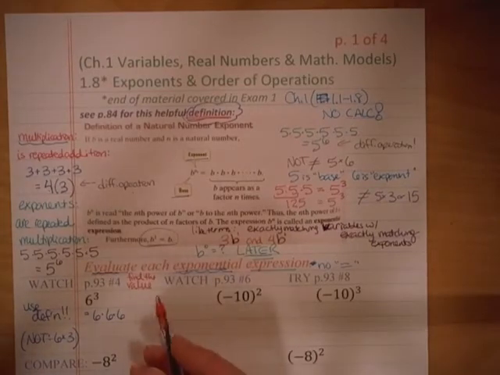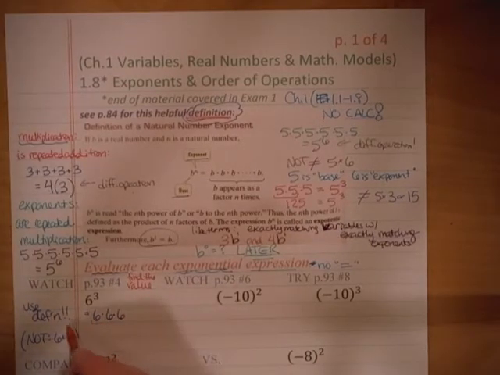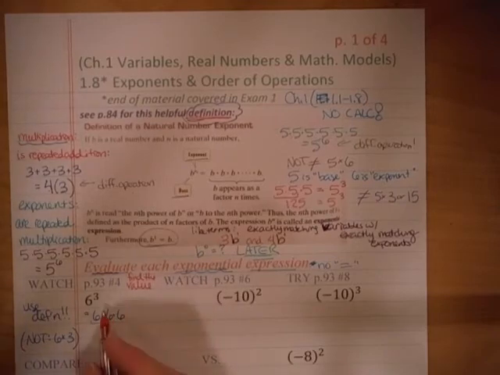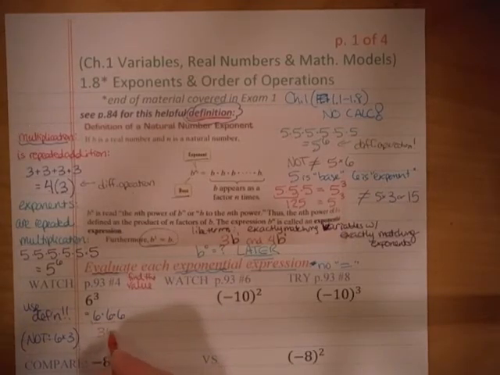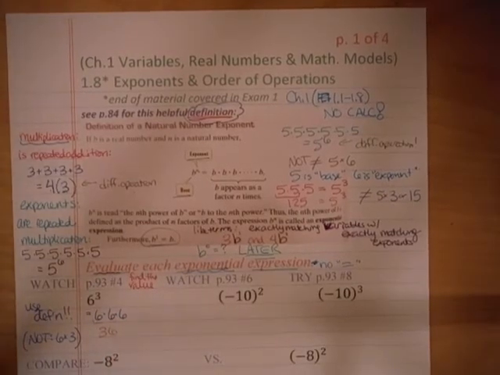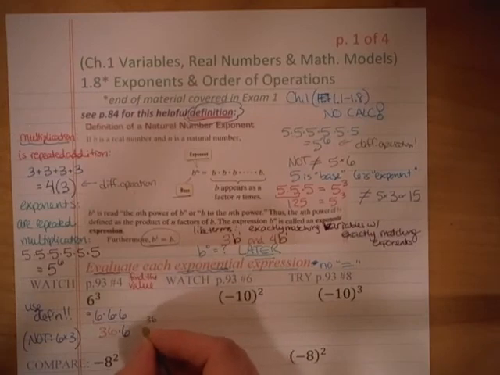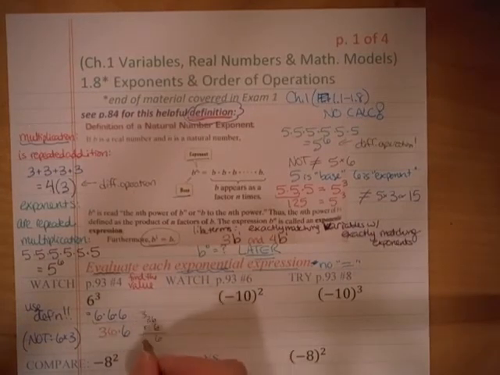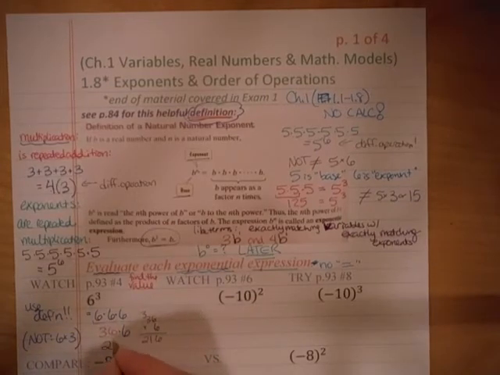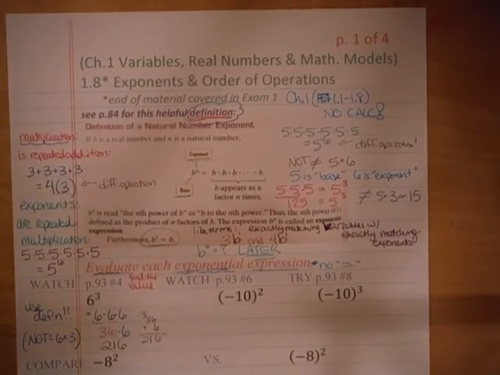Working that out using order of operations, you just go left to right, multiplying and dividing, so 6 times 6 is 36. Then you still have the 3rd 6. And then 36 times 6, if you have to, do it out to the side by hand. 6 times 6 is 36, carry the 3, 6 times 3 is 18, add the 3 is 21. That should equal 216.